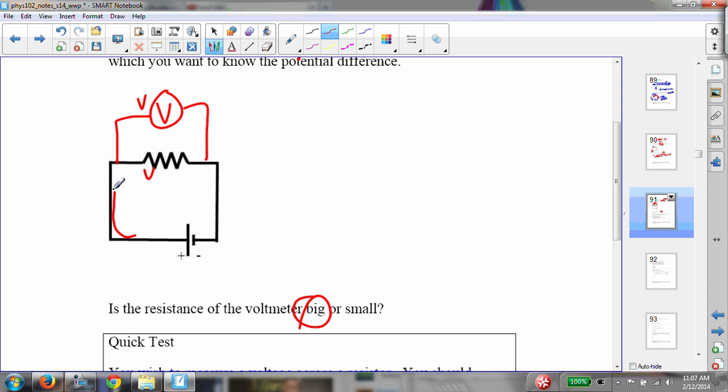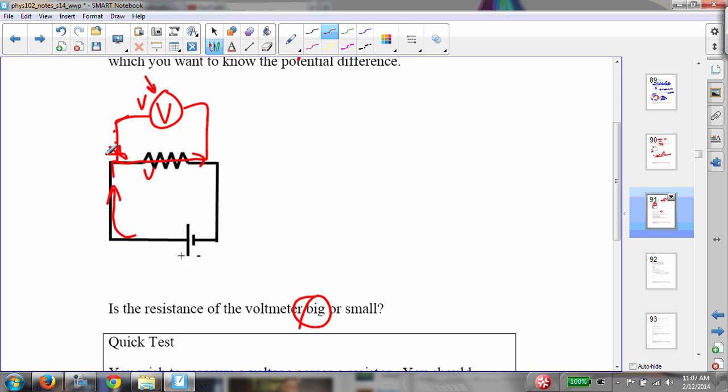That means that as electricity comes up through this wire, hardly any of it is going to go through this wire because there's such a large resistance with that voltmeter, just enough to register on the voltmeter. So almost all the electricity goes through the resistor, which is what you want. You want the circuit to go on as if the voltmeter isn't even there. You want the voltmeter to impact the circuit as little as possible.